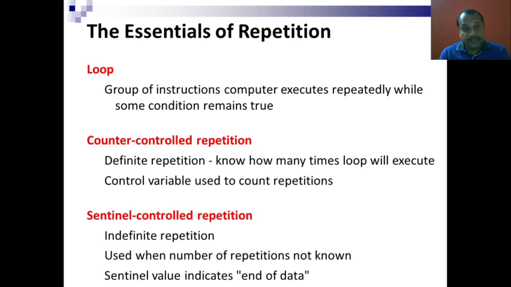But there is a termination, and that's why it is sentinel control repetition: when I encounter that particular input, I will stop. In this case, the end of data I am assuming is -9, but definitely it will vary from case to case.